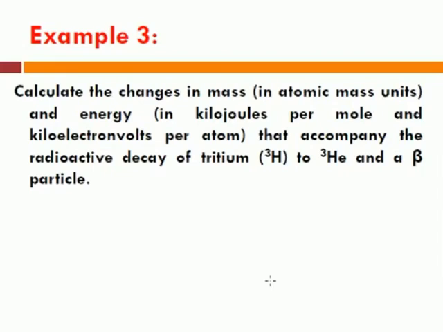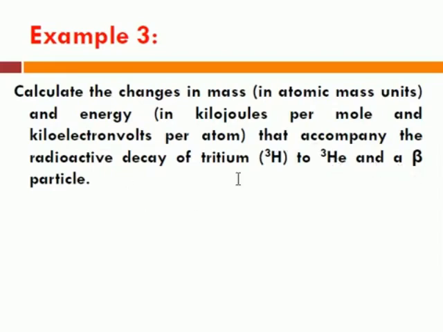Calculate the change delta M in atomic mass units and energy in kilojoules per mole and kiloelectron volts per atom that accompany the radioactive decay of tritium. Tritium is hydrogen-3 decaying to helium-3 and a beta particle.